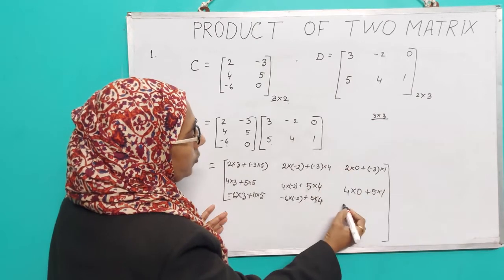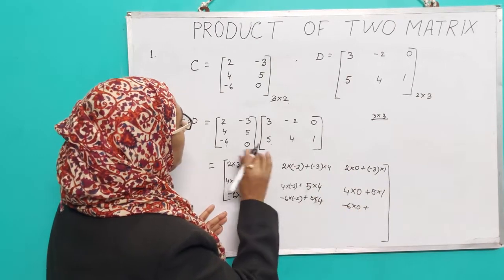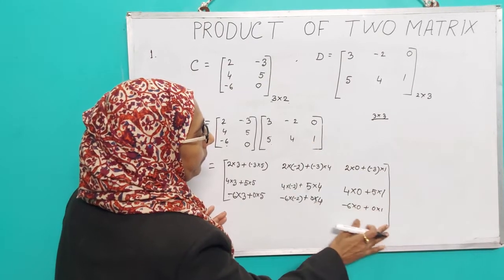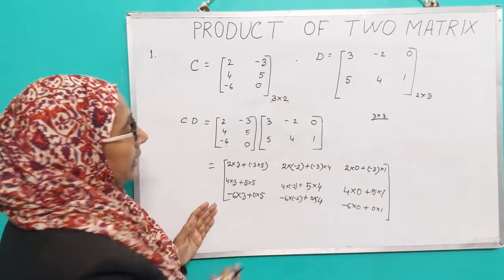Then minus 6 into 0 plus 0 into 1. Is it clear?